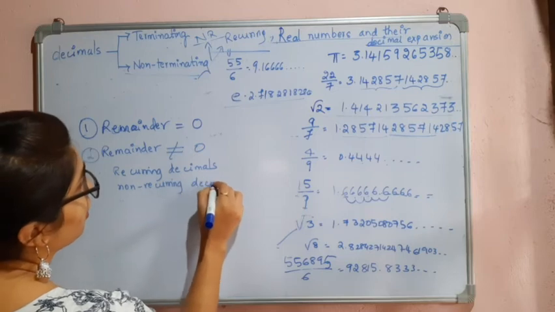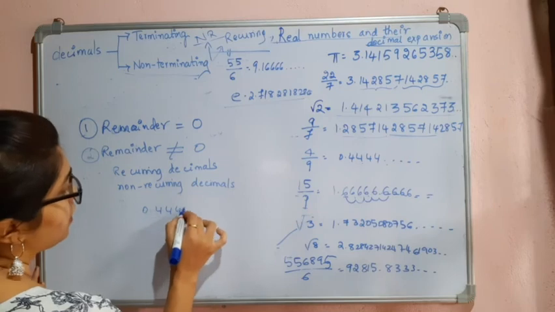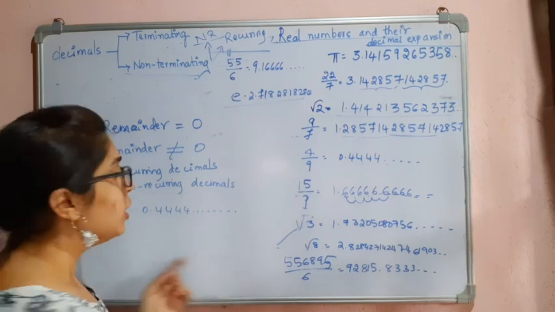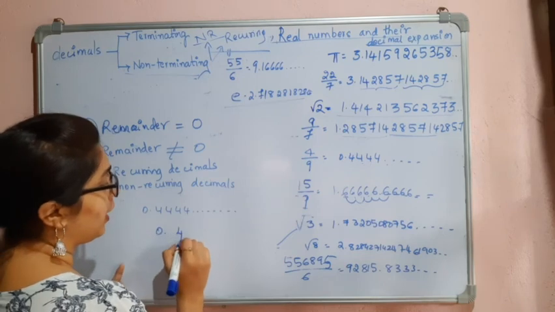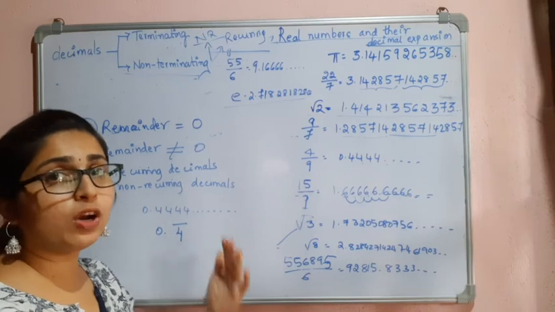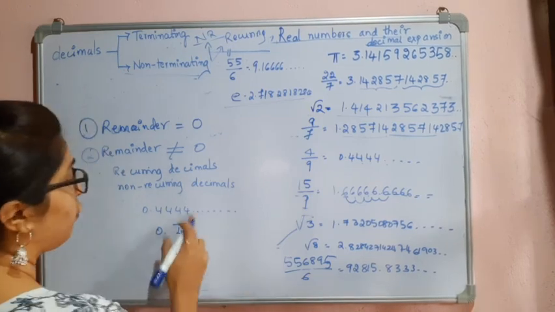See, I'll consider 0.4444, and if you want to find out the next digits, it will be 4. So instead of this, I can write 4 and a bar above that 4. A bar above that 4 means this digit is repeating. So 0.4 bar.